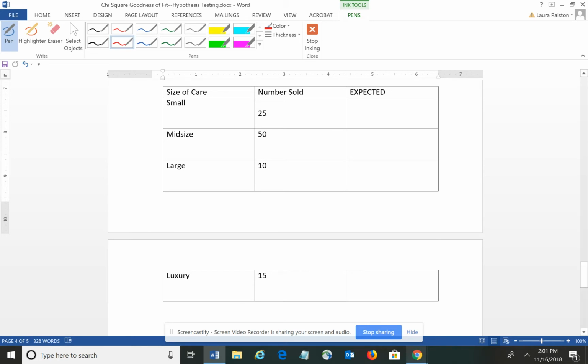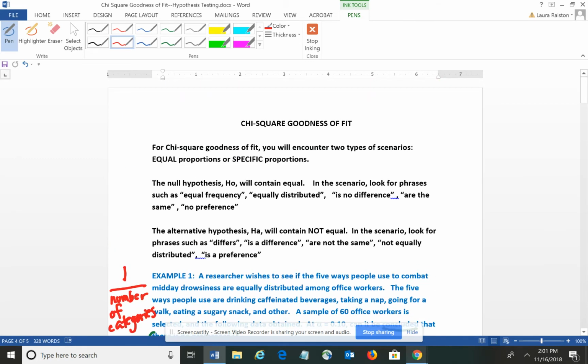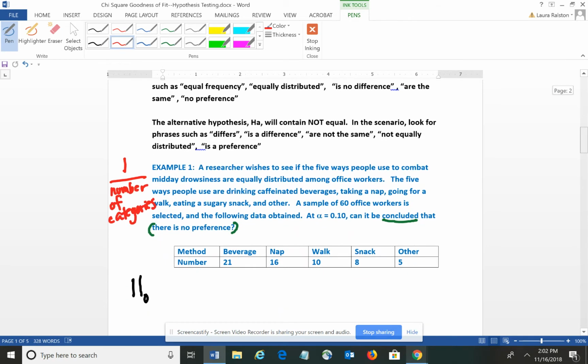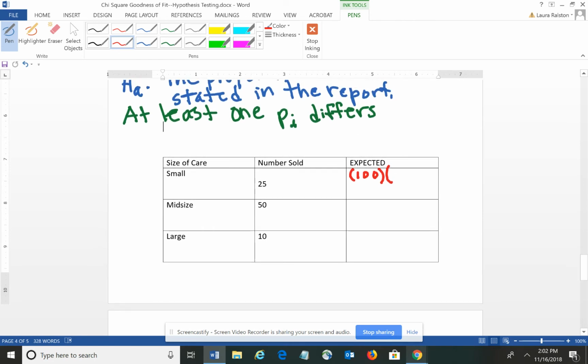Where it's different is we sold 100 cars, and according to the survey, we should expect that 28.1% of those were small cars. So you multiply the 100 times the percent for small cars, 28.1%. So basically we're looking at 28.1 cars.